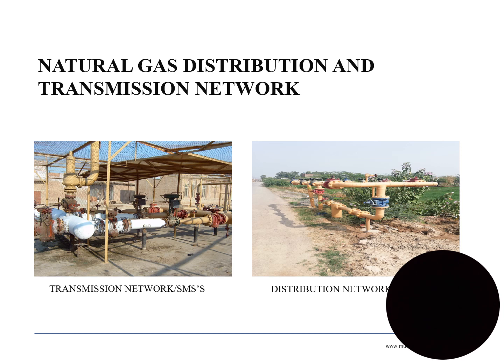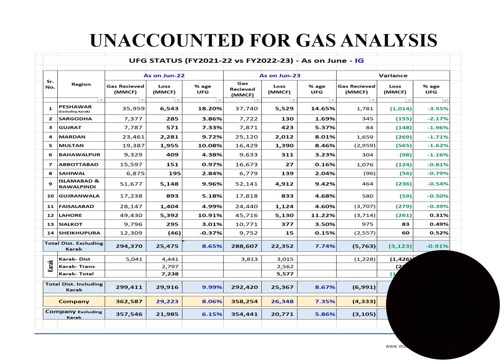So, this is the table in which we will analyze some of the key features. That means the unaccounted for gas, which is due to the presence of corrosion in gas pipelines.